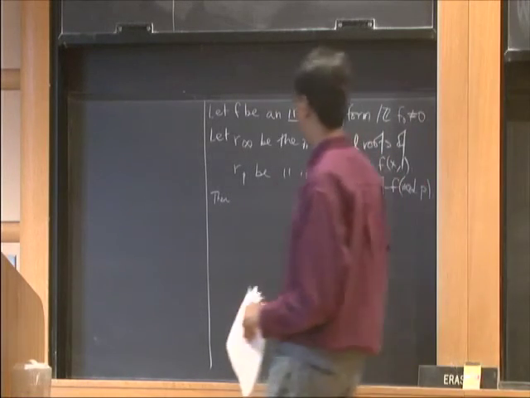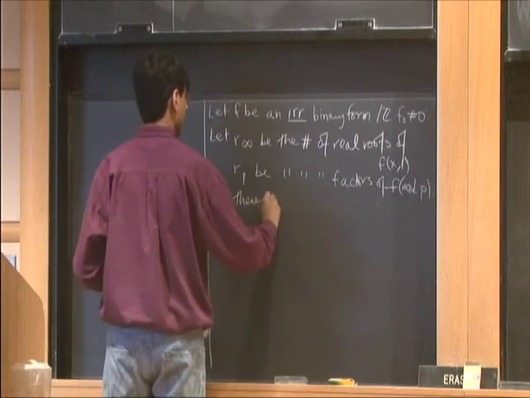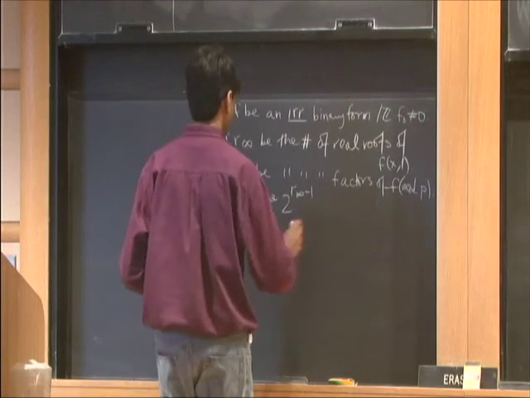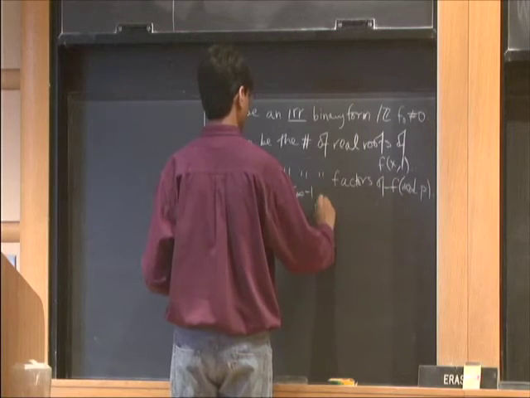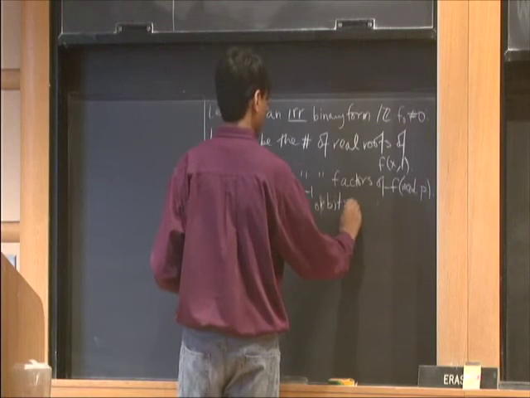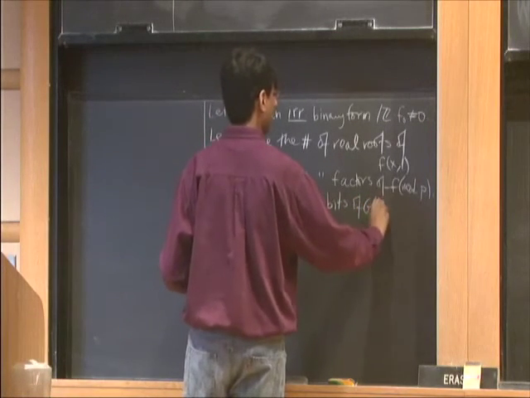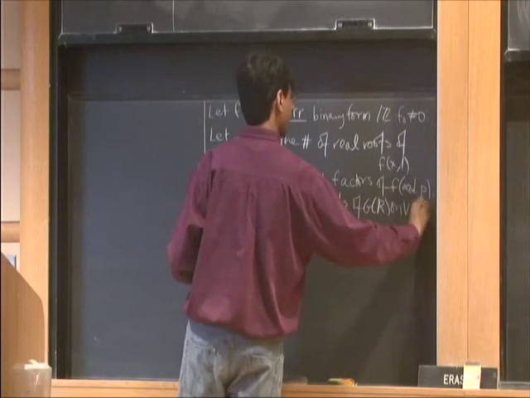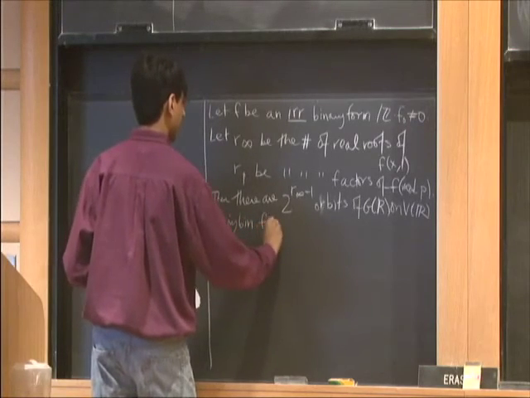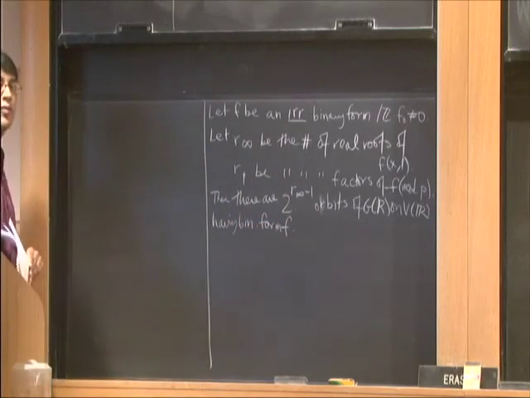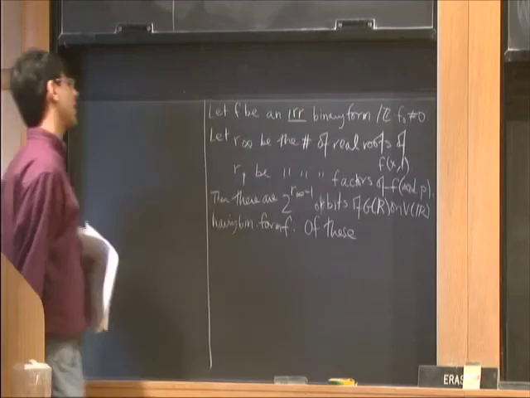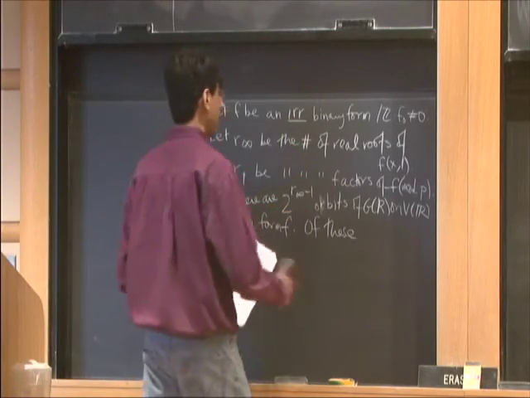And that count turns out to be 2 to the R infinity minus 1 orbits of G of R on V of R having binary form f as its invariant binary form. And you can explicitly write down all these orbits and examine them.